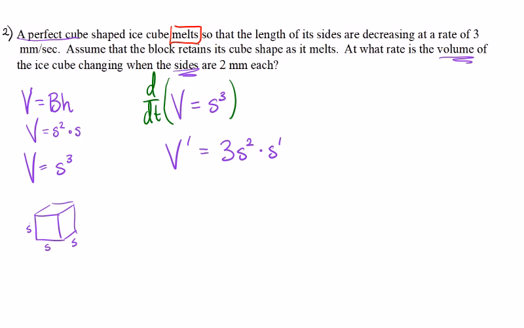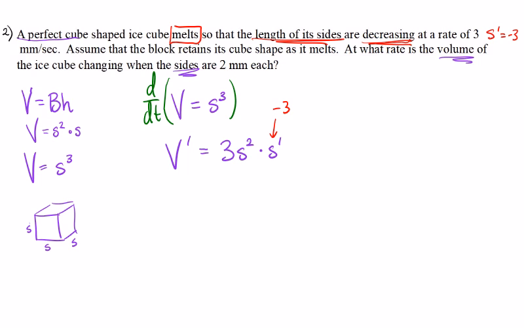Good. If you said decreasing, that's right. And it also says decreasing right here. So it says decreasing at a rate of 3 millimeters per second. But notice how it doesn't put the negative in there. So you do have to remember that we're talking about the length of the side, right? So in other words, s prime decreases at a rate of 3. And so we're going to put s prime is negative 3. That's what we're going to plug in right here, negative 3.